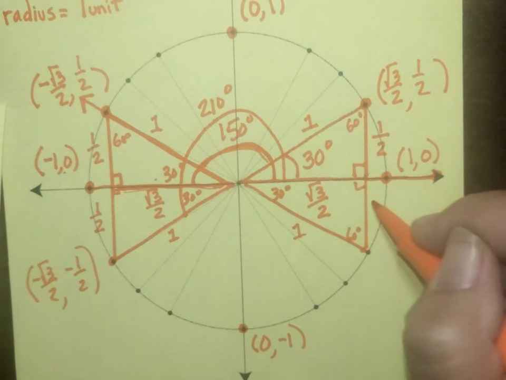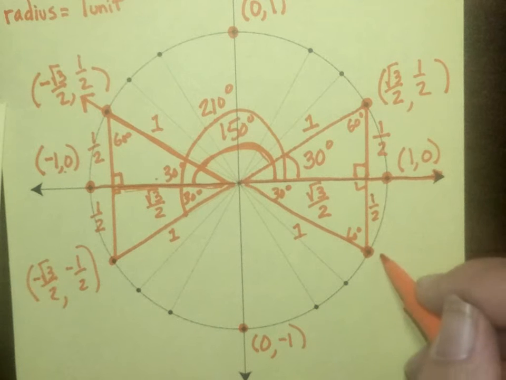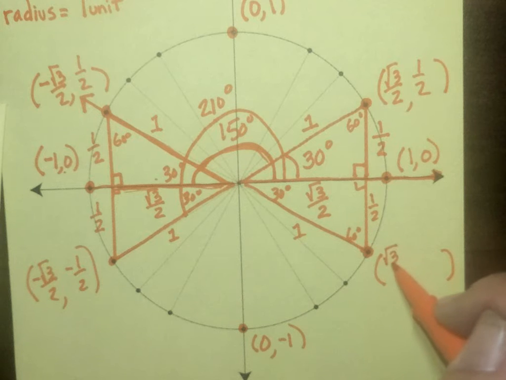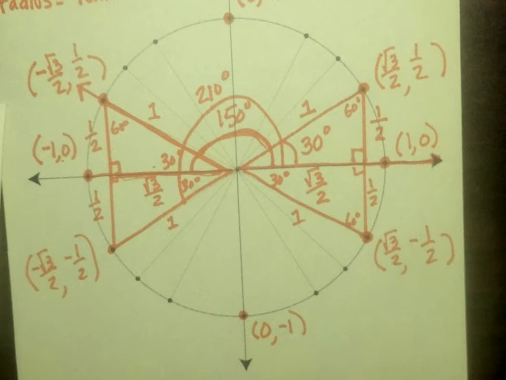The short leg is going to be 1/2. So what I'm interested in is what's the ordered pair? Square root of 3 over 2, negative 1/2. Negative because I'm down in the fourth quadrant, right?